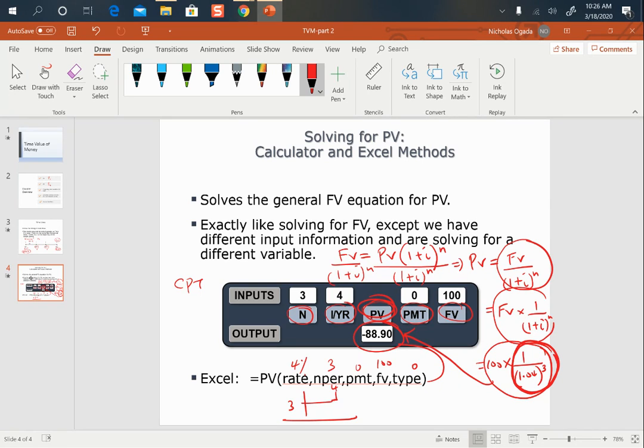If you go to a present value table, the factor in that table is going to be that expression: 1 divided by 1.04 raised to 3 is what the table will be giving you. You take that value, multiply it with the future value, and that will give you again the present value.